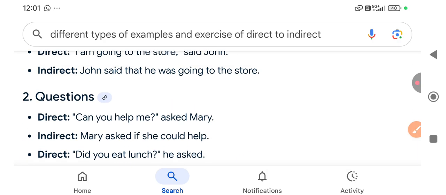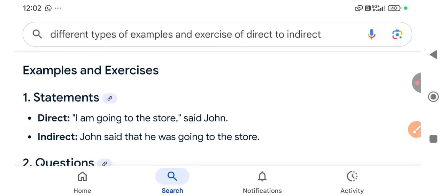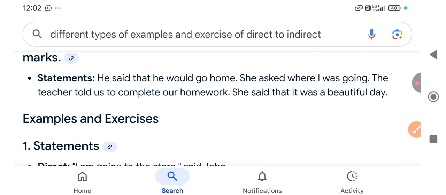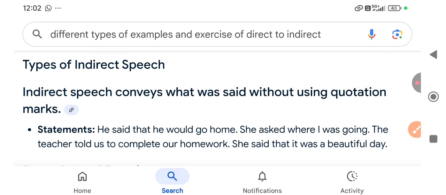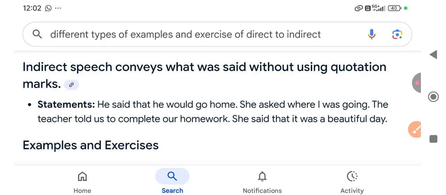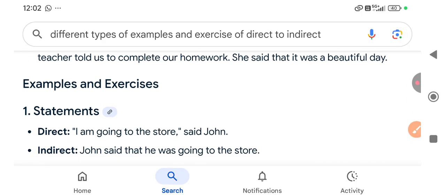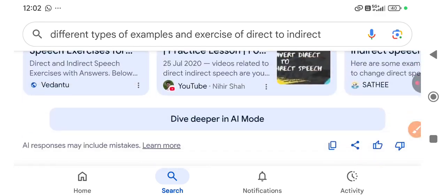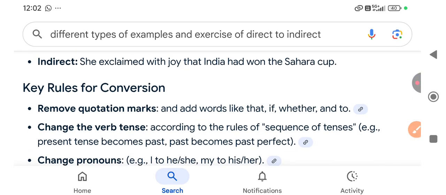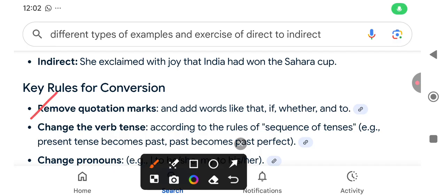Overall, we have learned that for making direct speech into indirect speech, we should know what kind of sentence it is, and accordingly we change. But the basic change is that first we remove the quotation mark, then change the verb form.